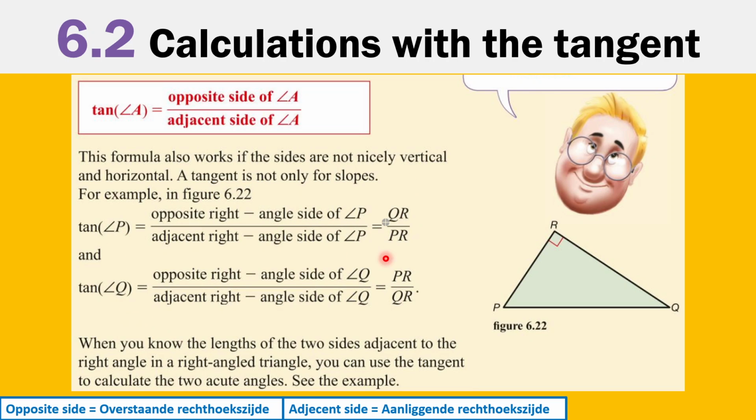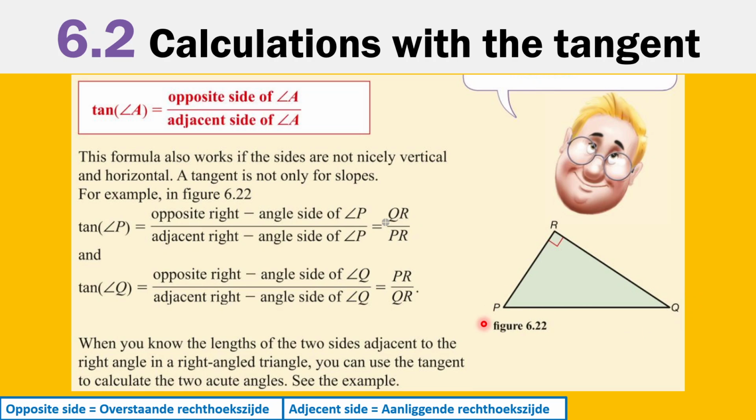Here they say that this also works in not nicely vertical and horizontal triangles like this. So if you turn this triangle around, as maybe it doesn't really surprise you, it still works. And so, for example, if I take a look at angle P here, PQ is the hypotenuse.